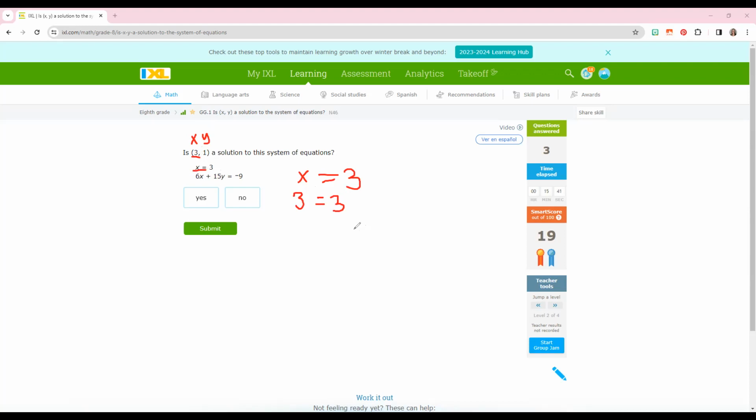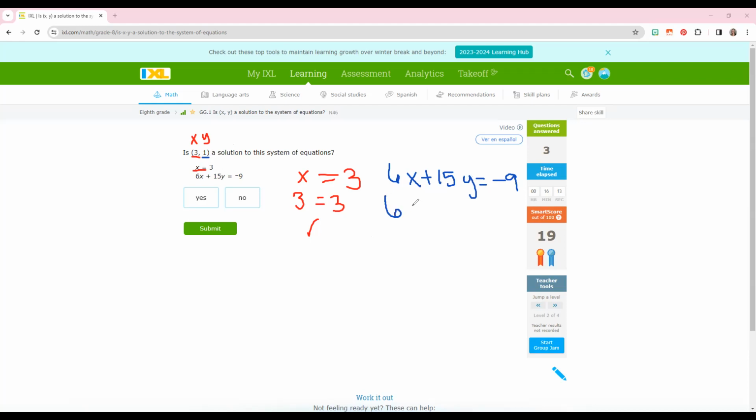Did that work? Yeah, that's a true statement. So looky there, we didn't have to do any multiplication or addition or anything like that. It just worked right away for us. But we do still need to check our second one here. So our second equation is 6x plus 15y equals negative 9. Now we're going to substitute 3 in for x, and this equation does have a y, so 1 is going to be substituted in for y.